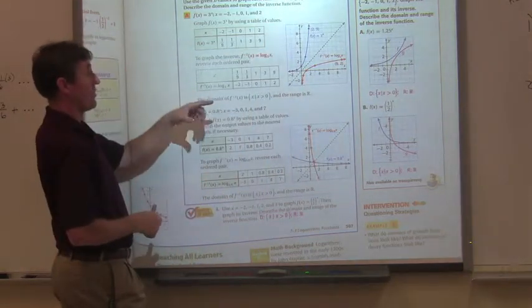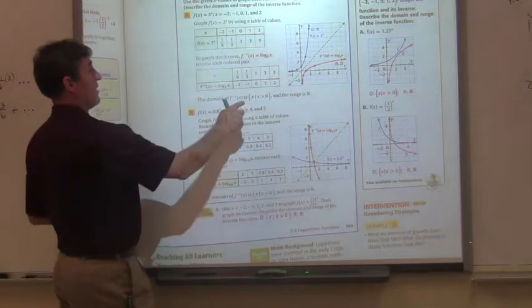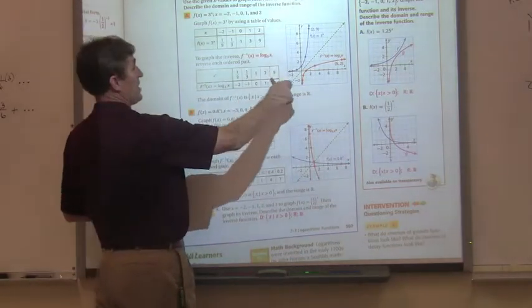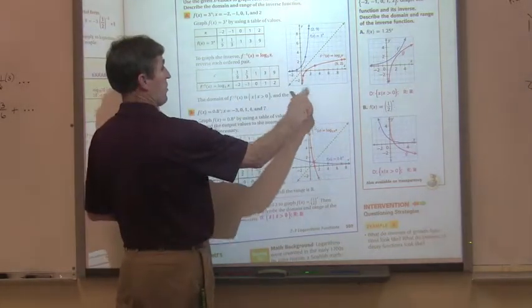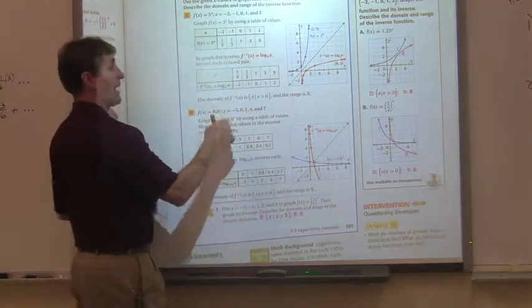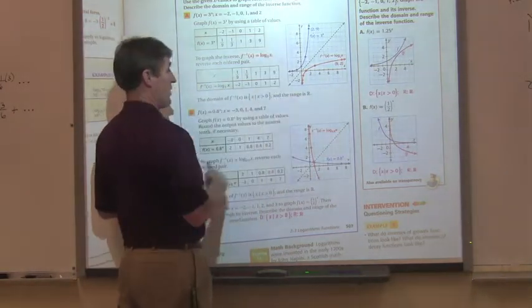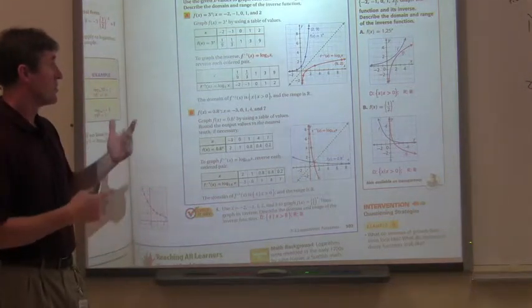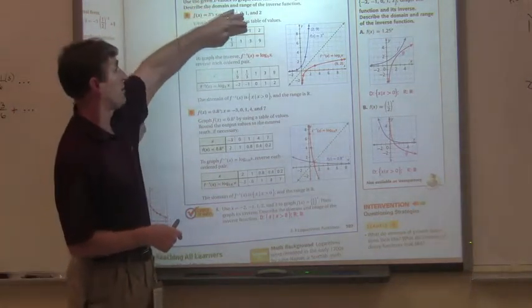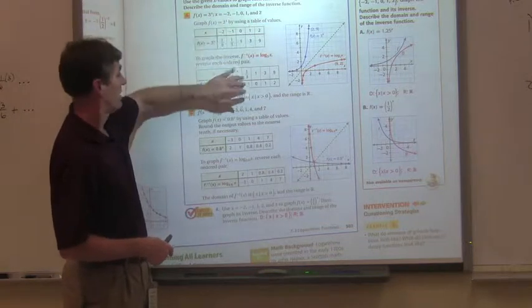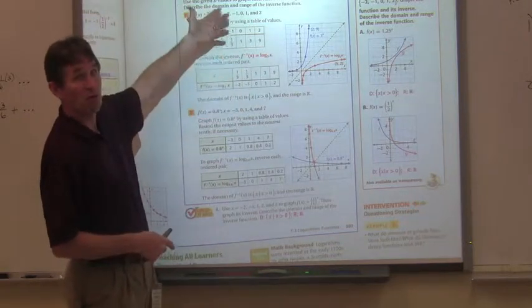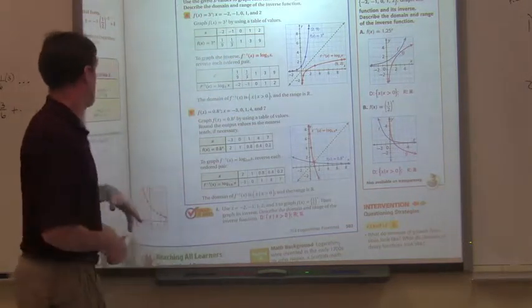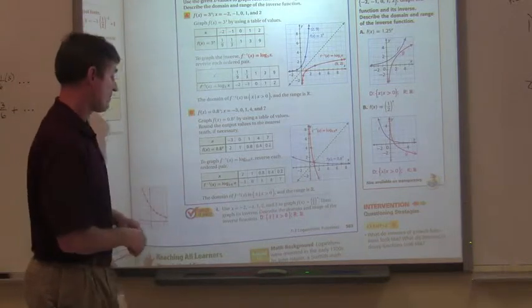Well, when you do the inverse, it just switches. So our domain, which was all real numbers, becomes our range. And our range, which was y greater than 0, becomes our domain. And so our domain is x is greater than 0. So it's really pretty easy. You just plug in the numbers, make your chart, flip your x and y, and just remember your domain and range will also just switch with each other.